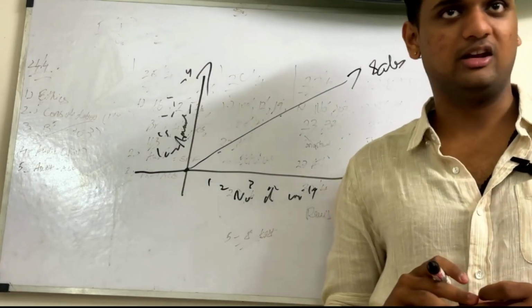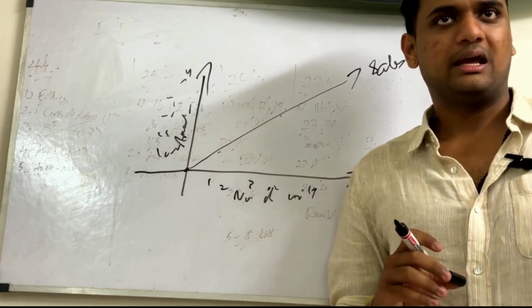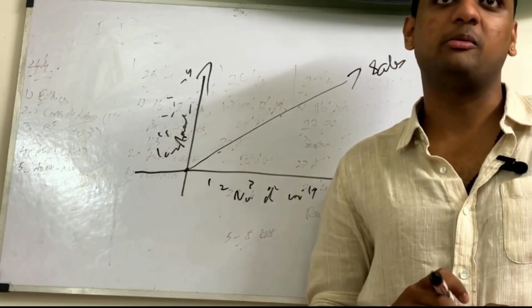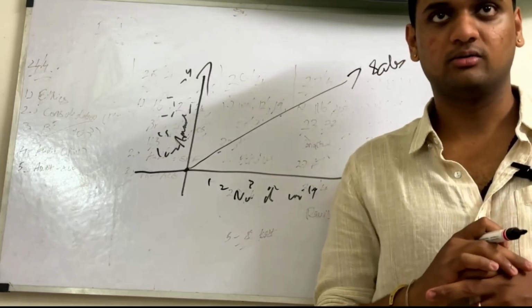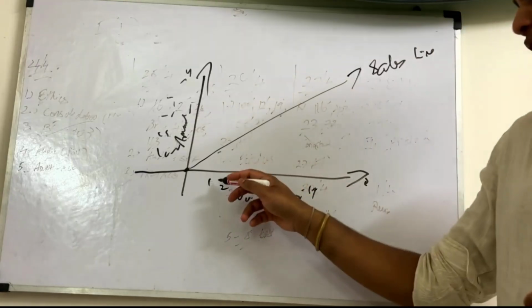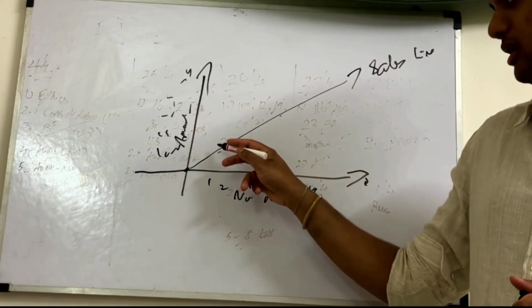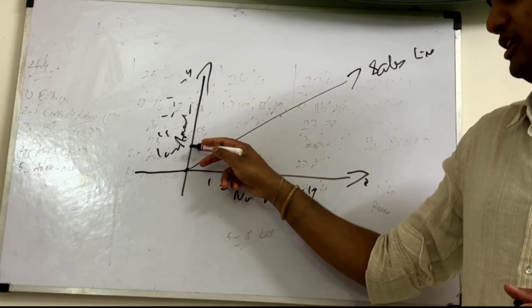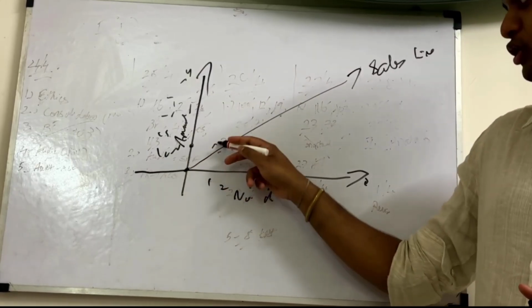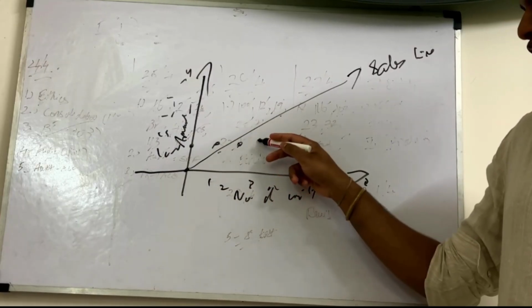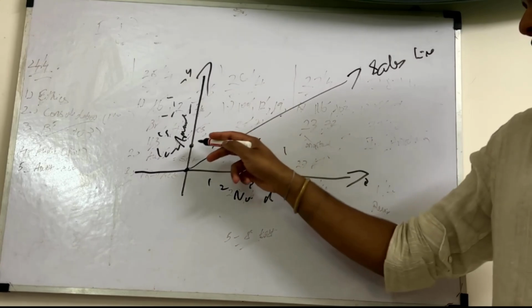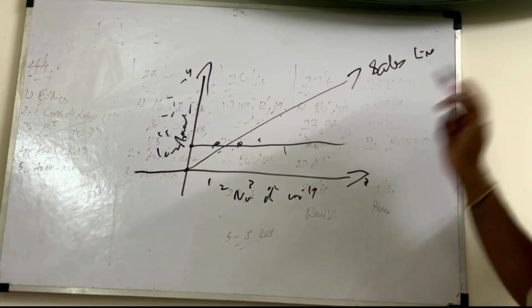Fixed cost. If I sell 0 units, what will be my fixed cost? Some amount will be there, 100 rupees or 200, whatever. At 1 unit, what will be the fixed cost? The same, 100 rupees, some amount here. 1 unit also some amount, 2 units also, 3 also, 4 also, 5 also some amount, which means the fixed cost line will be like this.